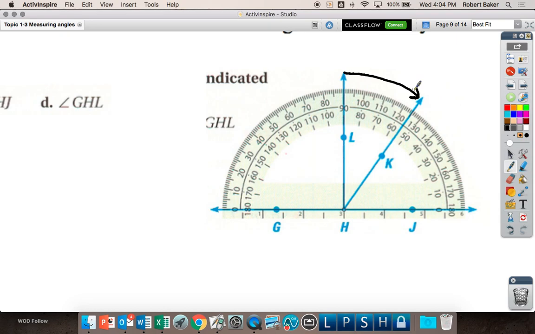Devin says 10, 20, 30, 35. Now, he would have gotten really close. It might have said 35 acute. Would you have circled that one? Maybe. Or it might have said 125 obtuse. No. It might have said 55 acute. So even though you're in the right ballpark, you need the right answer.